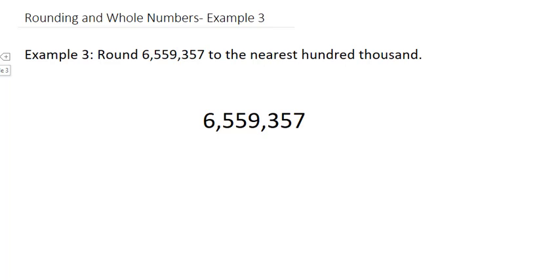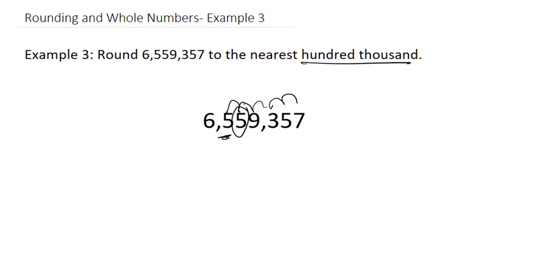It's the same number, but now we're going to be rounding to the nearest 100,000. Once again, we can go from the ones, tens, hundreds, to the thousands, to the 10,000s, to the 100,000s. So let's underline that 5. And now we're going to circle the other 5 because that's what we're looking at to see if we round up or down.